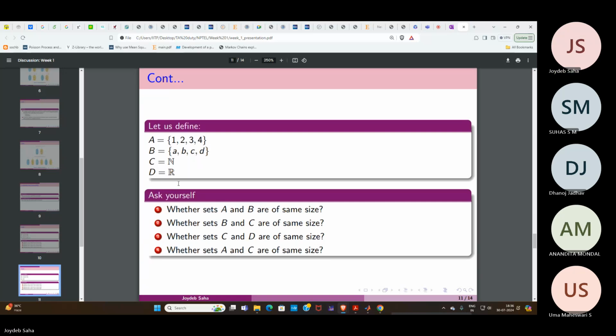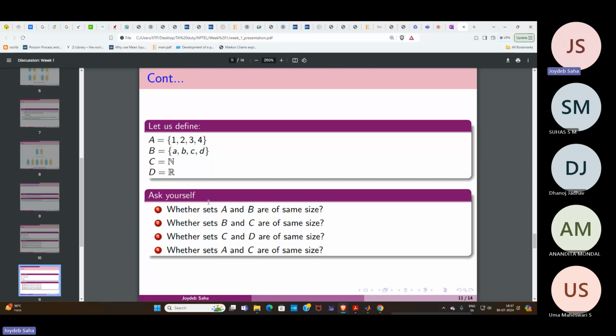Then what is the answer of the same 4 questions? Let's see whether sets A and B are of same size. Yes. A includes 4 elements, B includes 4 elements. But what about B and C? What about C and D?